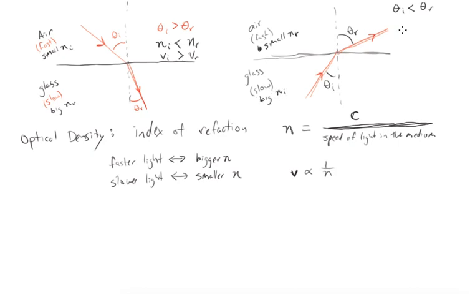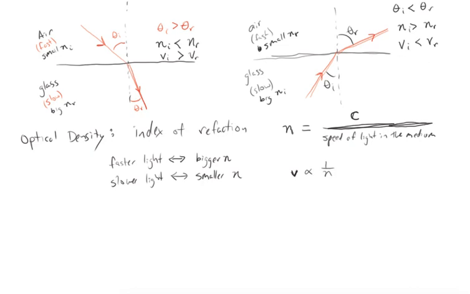So when we look over here now, n sub I is greater than n sub R, and you also have that V sub I is less than V sub R. Okay? So just kind of keep that in mind.